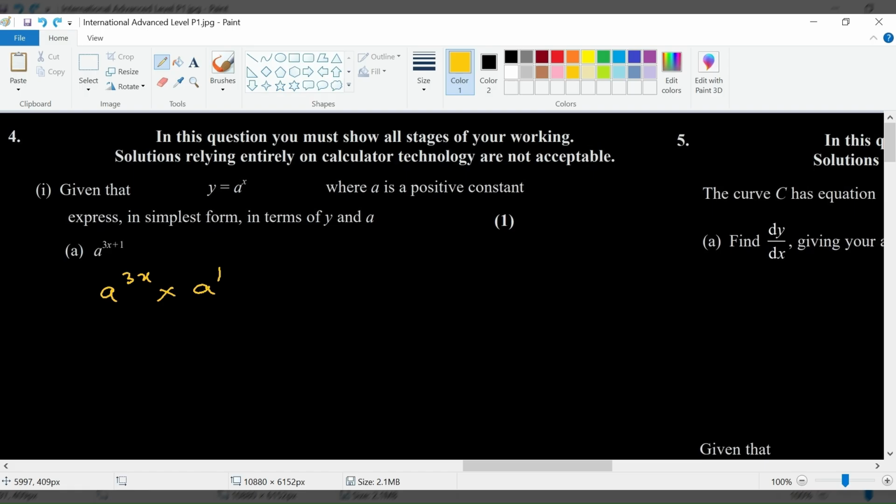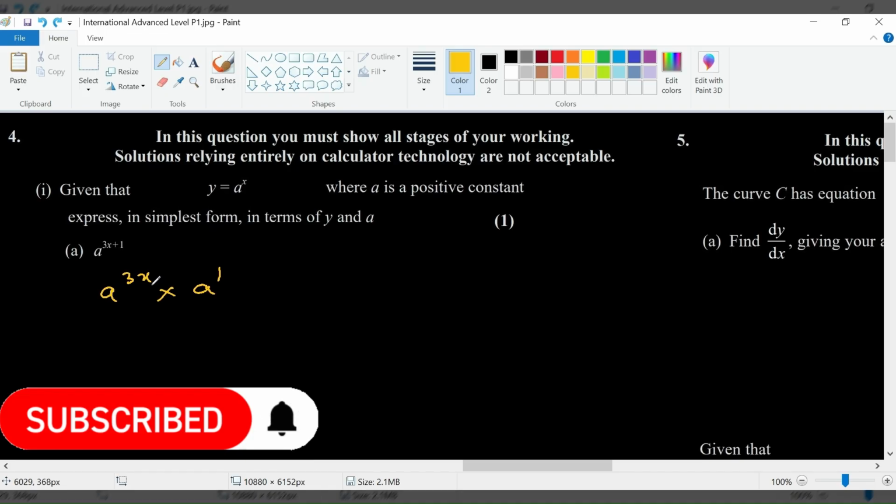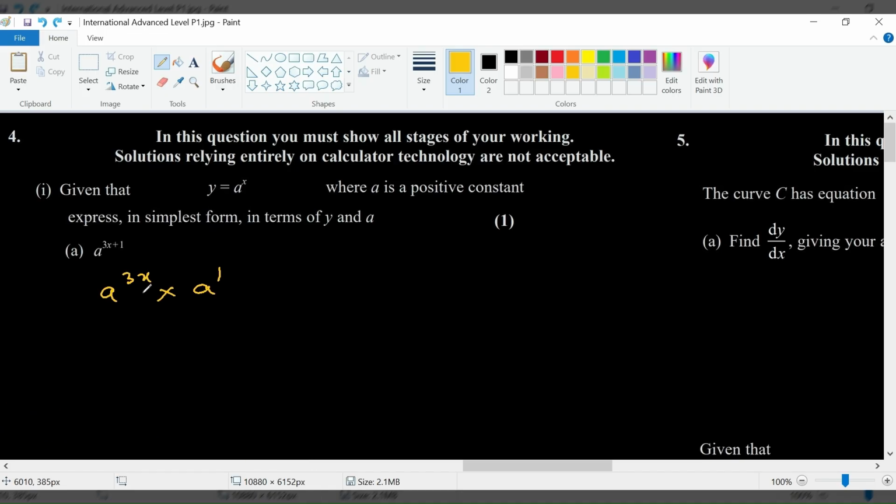This is in the form of a to the power x, so I will write it as y cubed times a. In the most simplified way, this is the final answer in terms of a and y.